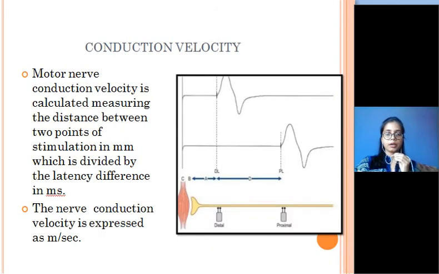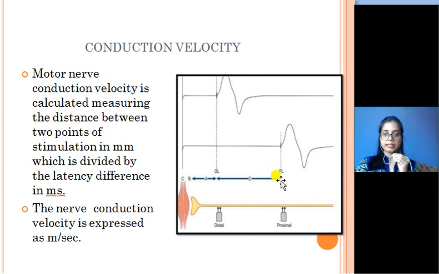Then we have the most important portion, that is the conduction velocity. The motor nerve conduction velocity is measured by the distance between the 2 points of stimulation. As you can see, these are the 2 points of stimulation, and the conduction velocity is measured as the distance between the 2 points of stimulation, which is then divided by the latency difference.